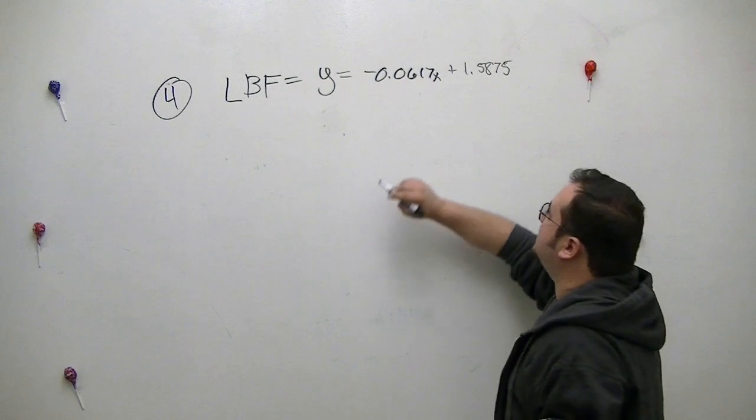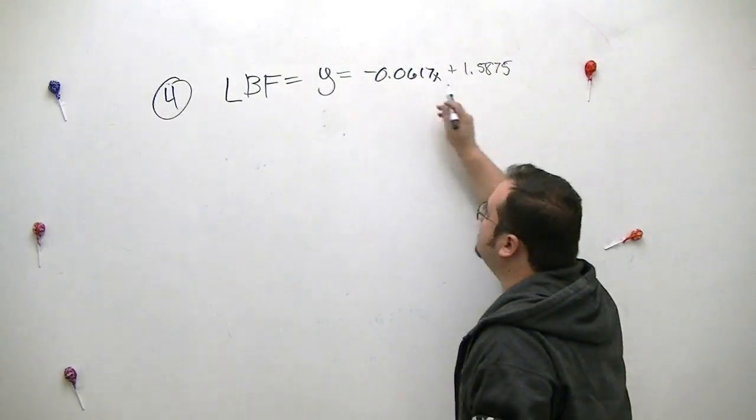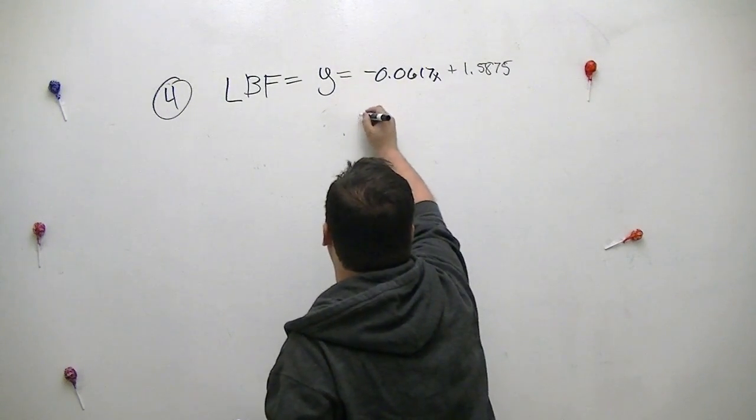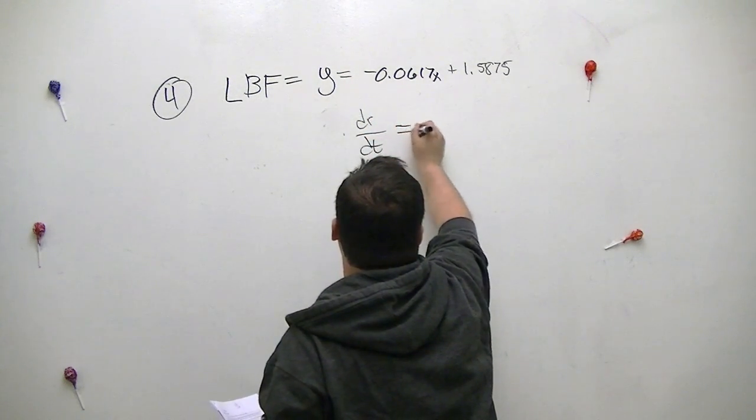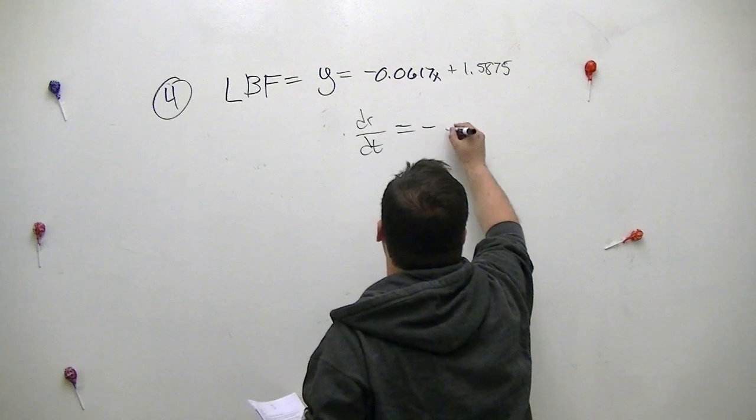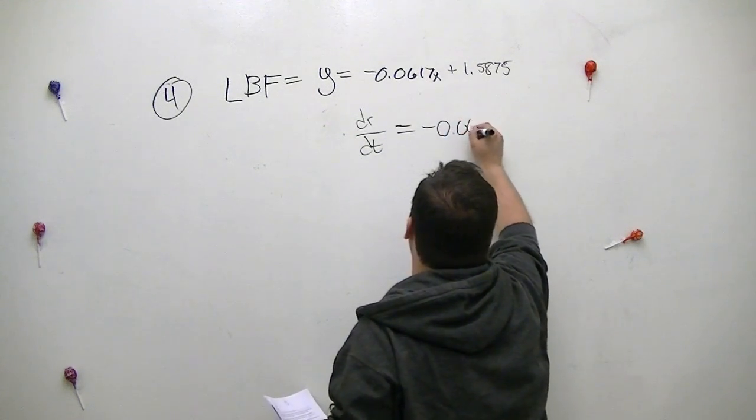All you have to do is take the derivative of this function. So that gives us dr/dt equals negative 0.0617.